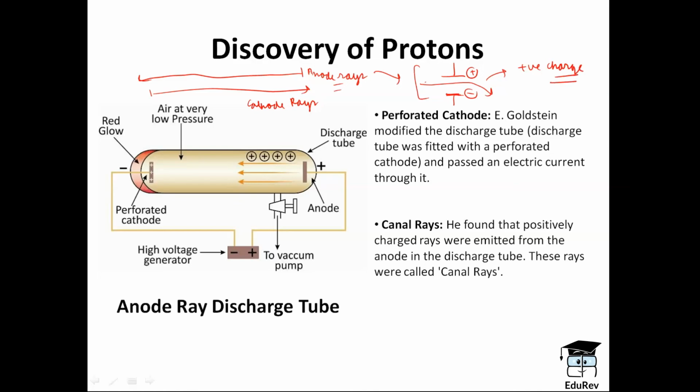So, when an electric field was applied perpendicular to the direction of rays, they deflected towards the negative plate, which meant that they carry positive charge. This led to the discovery of protons. Also, the charge to mass ratio and the mass of the protons were calculated through experiments.